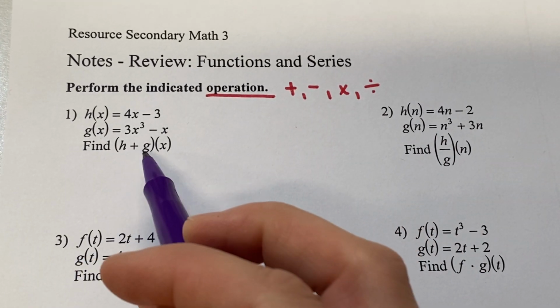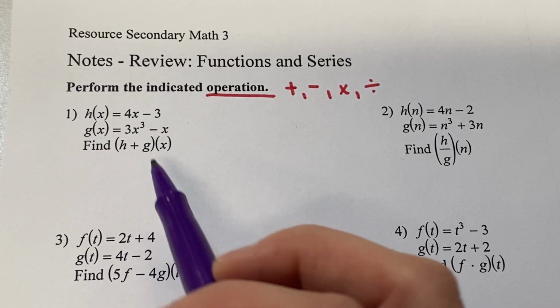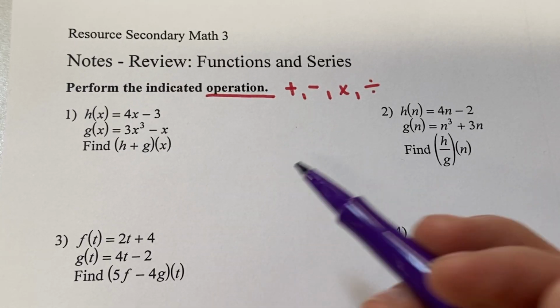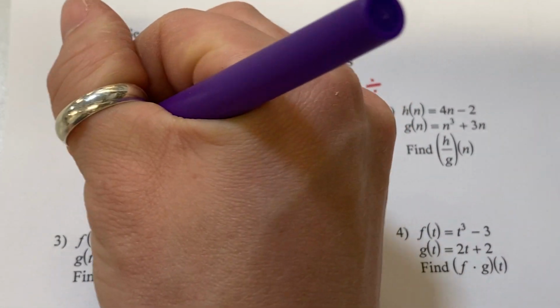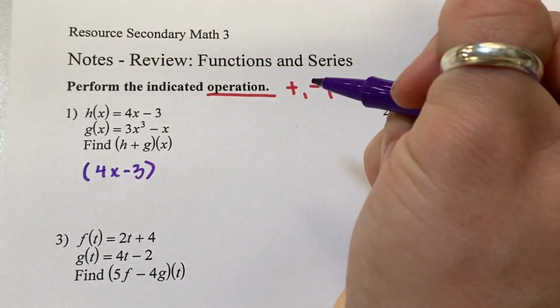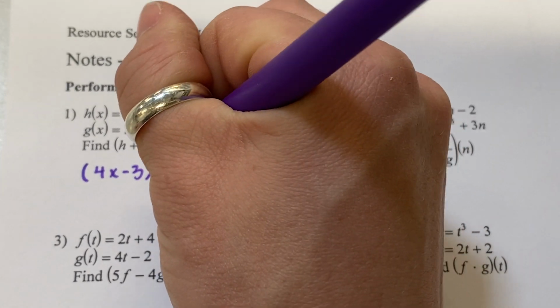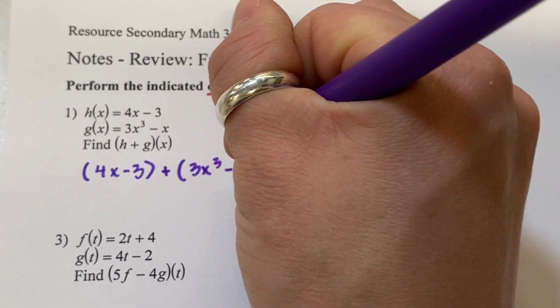It is asking us to add these two functions. h plus g of x means add these two functions. We are going to get a new function. With addition, I'm going to put parentheses, meaning we're going to add the entire functions together. So 4x minus 3 plus my next function, 3x cubed minus x.